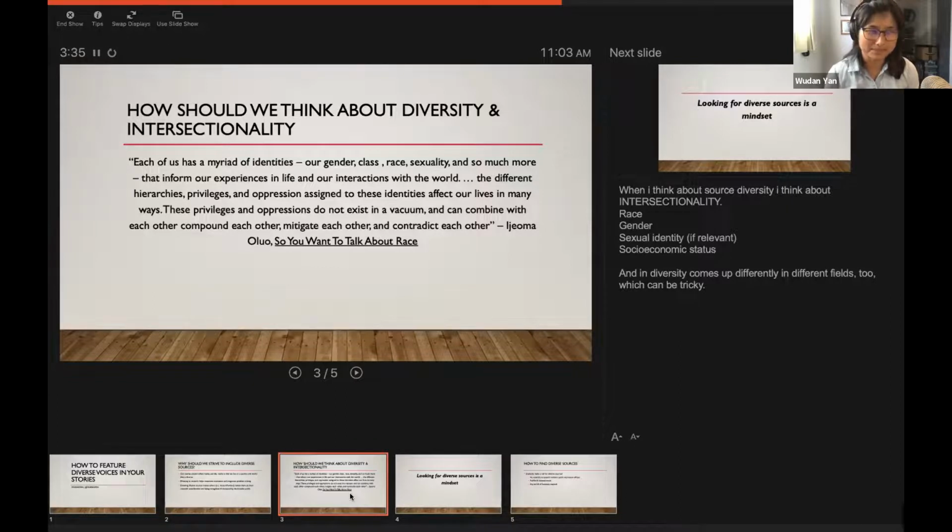I was having a conversation with a friend last night, and I said, if you're writing a story about software engineering in some context, highlighting an East Asian or South Asian voice might not actually make the story diverse, because there are so many engineers who identify as such. So I think that, depending on the story that you're doing, it can be an interesting question to consider.